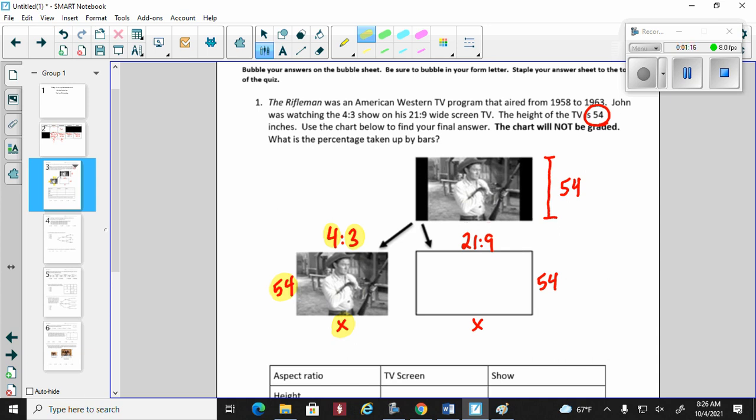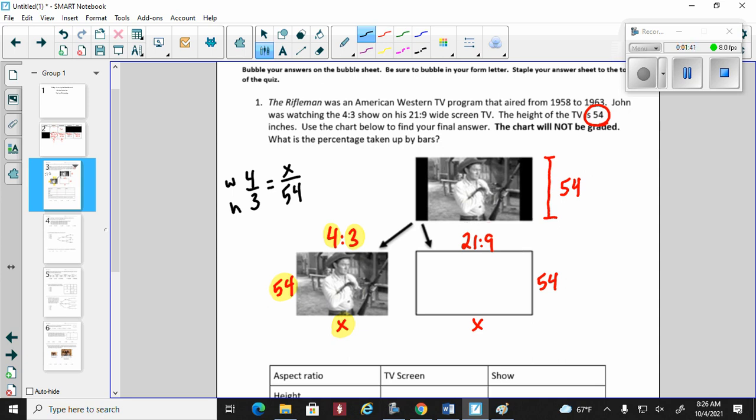So you're going to create a proportion: 4/3. Now, guys, make sure you put the X in the right spot. Remember, the 4 always refers to the width, and this is the height. Sorry, I'll get that right. You're looking for the width, which means you're going to put the X on top.